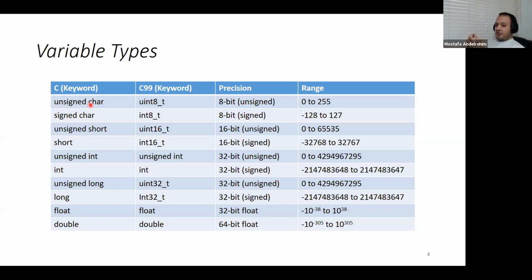If you define a variable as an unsigned char, you can put anything in it, but the value shouldn't exceed 255, because it's only 8 bits. If all of the 8 bits are one, this is 255. Otherwise, you will have overflow. But at the same time, you save space because you only have 8 bits in the memory to store the value for this variable.